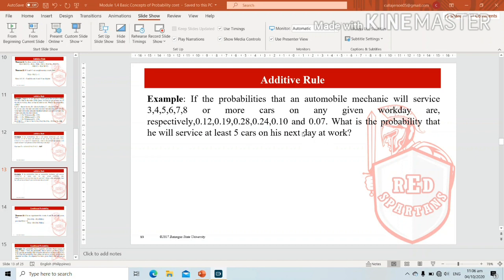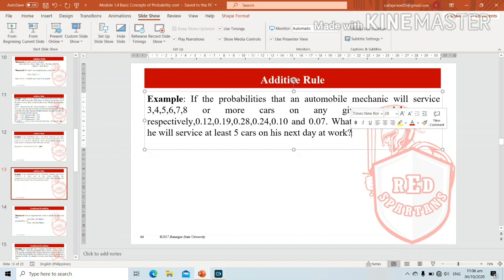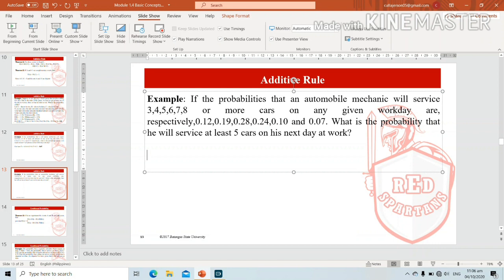So, ang gagawin nyo din pala is i-check nyo yung probability. Dapat itong mga probability ito ay equal sa 1, kasi yung probability natin ng sample space ay equal sa 1. So, ang nahanap natin ay probability ng at least 5 cars. So, hindi bababa ng 5.